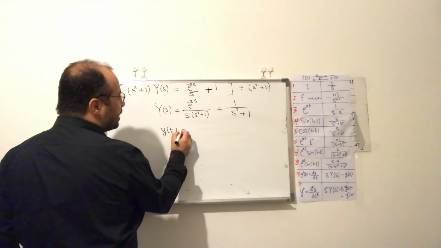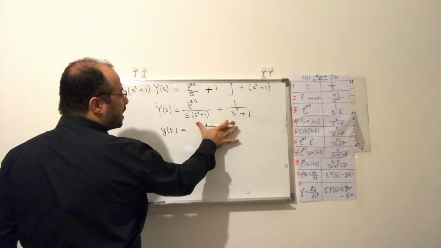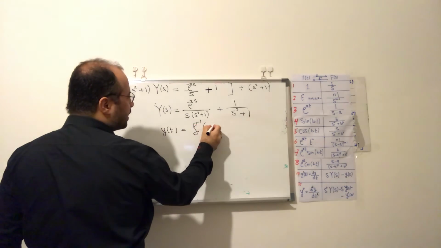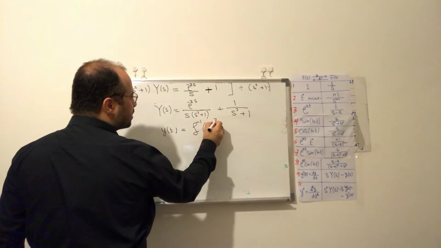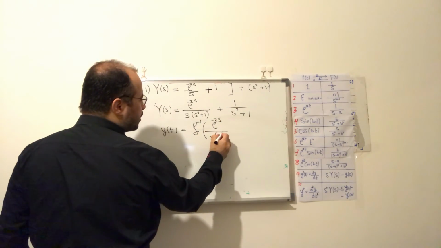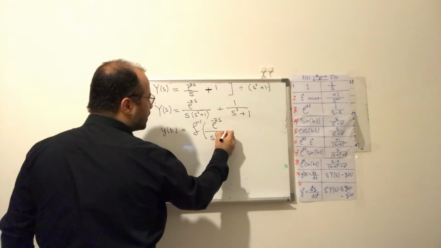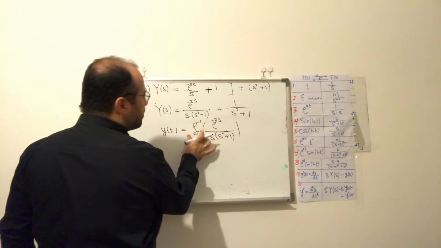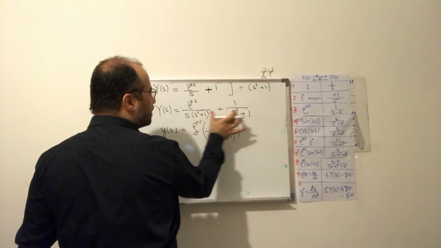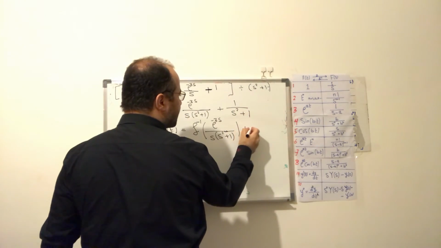Then this thing is the Laplace inverse of that thing. So you need to do the Laplace inverse of e minus 3s over s times s squared plus 1. And the Laplace inverse is linear, so I do the Laplace inverse of the first and the Laplace inverse of the second.